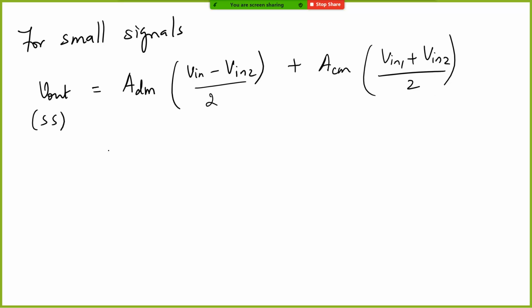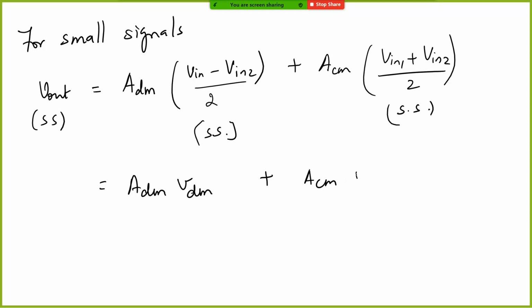Or in other words, all these are small signal quantities. Don't add the DC voltages. This is the caveat. In other words, ADM times small VDM plus ACM times small VCM.